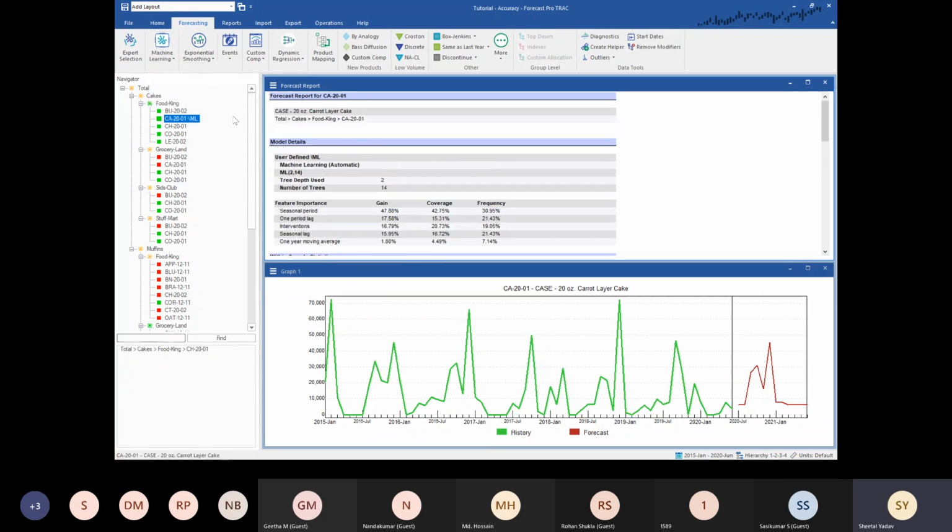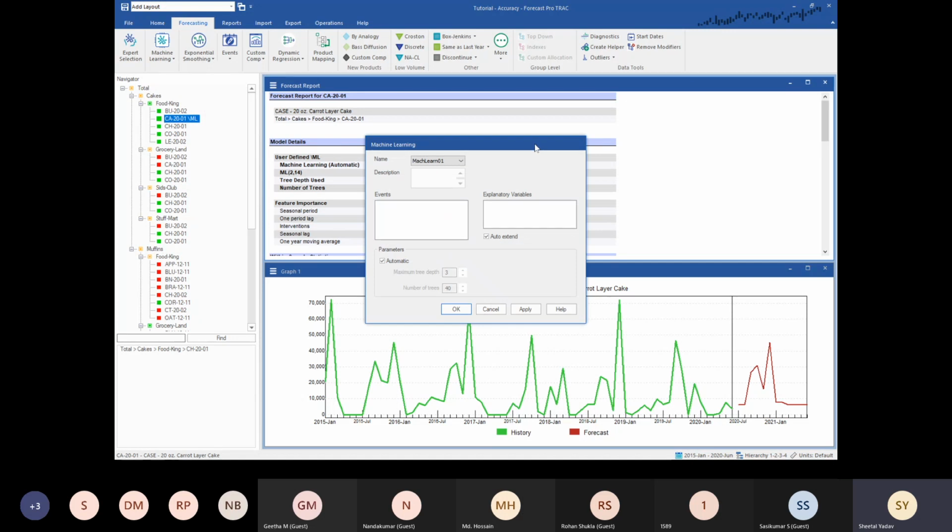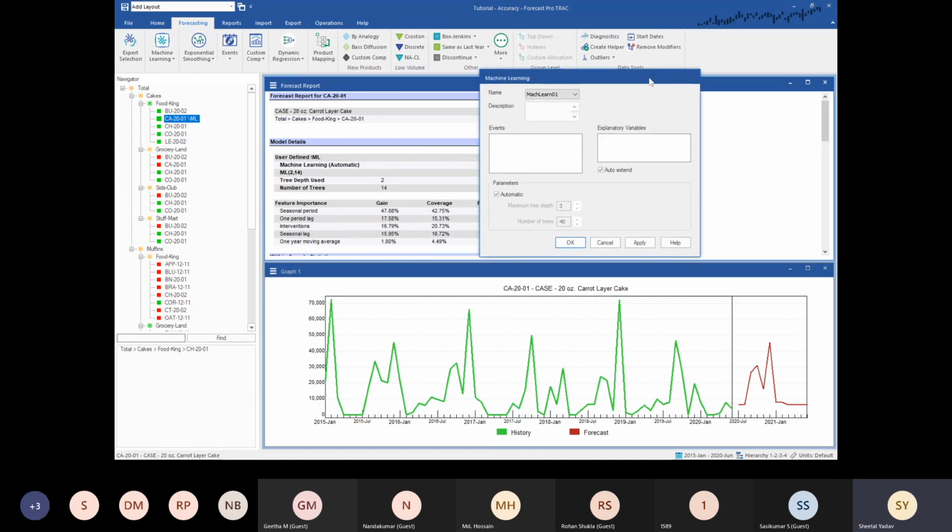What you can do is go to the manage option and say, for example, COVID had a significant impact on your sales, right? I'm just making it up. It could be a price promotion. It could be any event that you can create within Forecast Pro, and you can bring in that event schedule over here and use that for improving the forecast further.